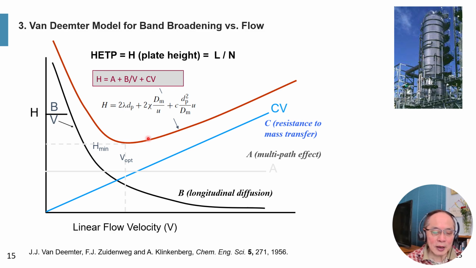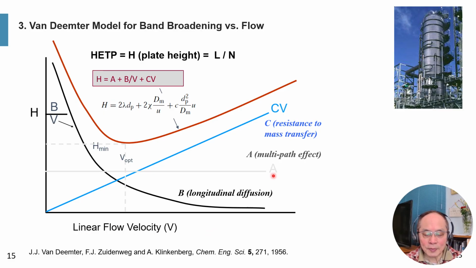So if you want to have a plate height which is small, so that you have more plates, more separation power per unit length. There are three terms, A, B, and C, and they have different relationships with flow rate or linear velocity. Here is the plate height, and here is the linear flow velocity.